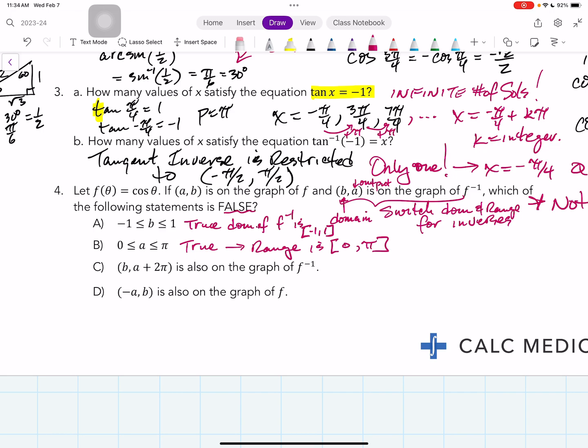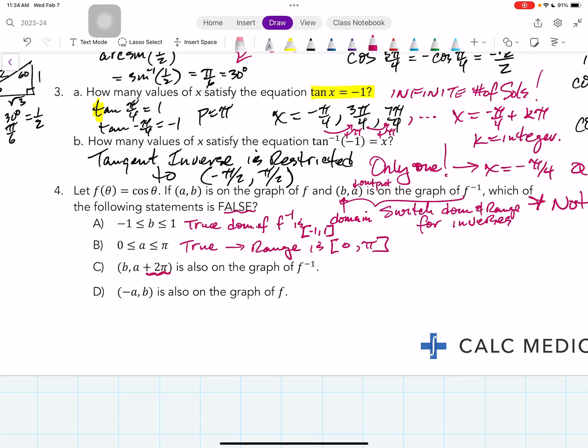Okay, next one, C: is b comma a plus 2 pi also on the graph of the inverse function? Now remember, the range here has to be from 0 to pi, and if you add 2 pi to something, that's going to be out of the range.